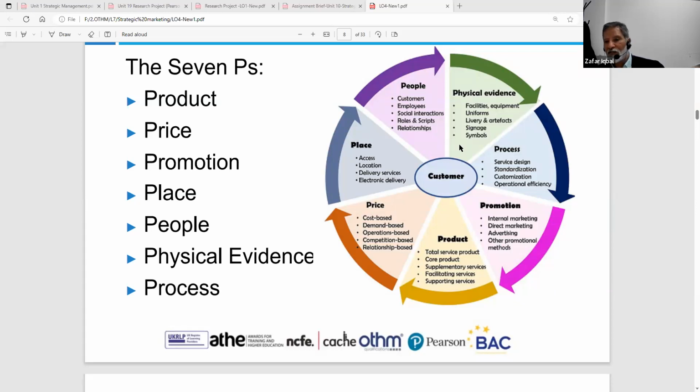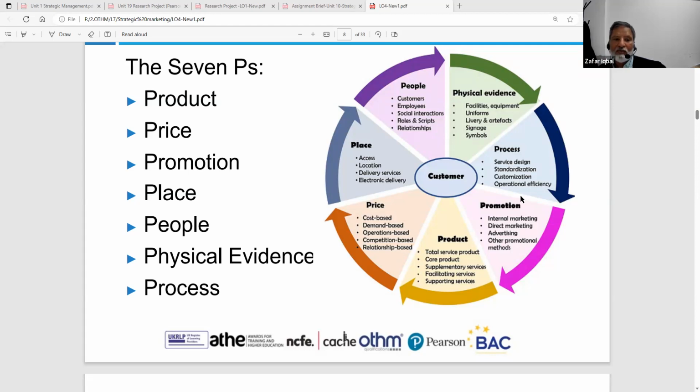Okay, and the processes consist of customization, operational activity, operational efficiency, for example, processes, inputs and outputs and processing. Okay, designs, for example, standardization. It can be total quality management or total quality concept, and so on.